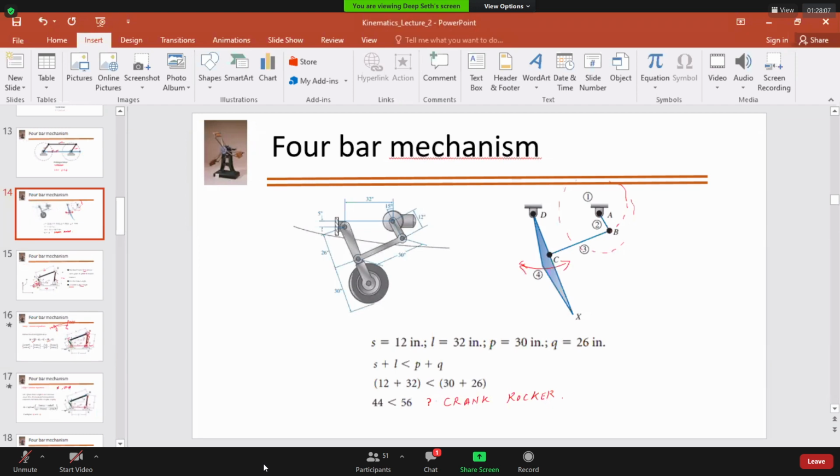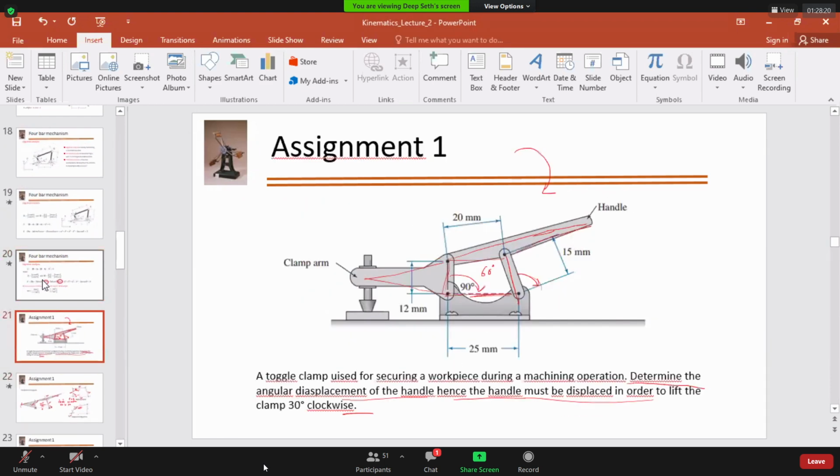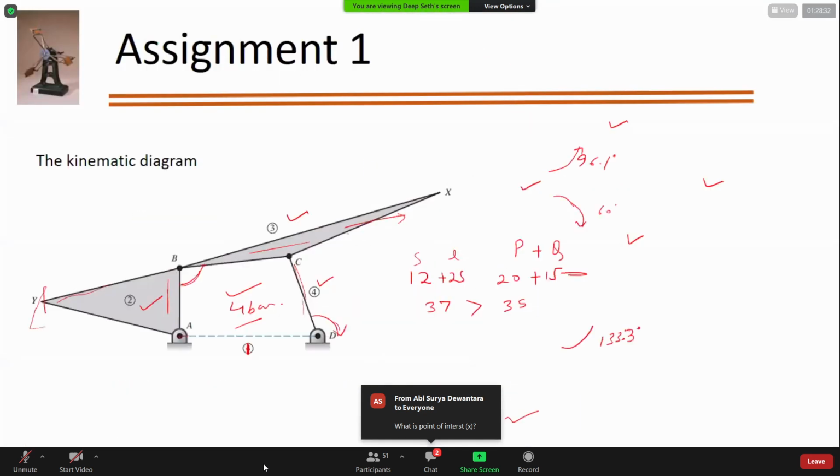Sorry, I don't understand you. Latifa, can you explain what he's trying to ask? I think, if you go down below, probably this one, assignment 1. I think he's asking what is point of interest. I think it's here in the handle, at point X, he's writing it in the chat group.